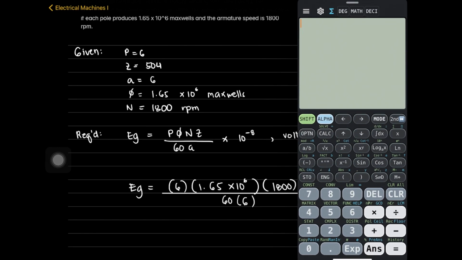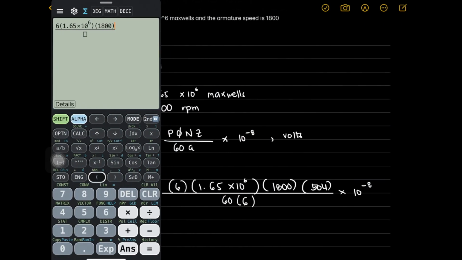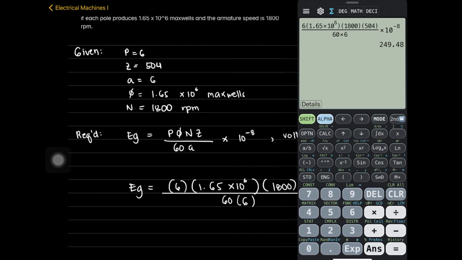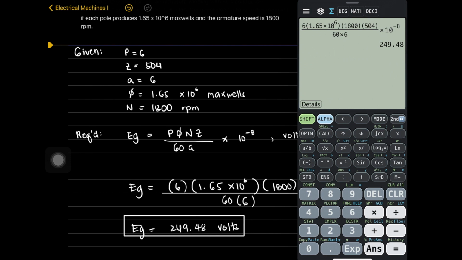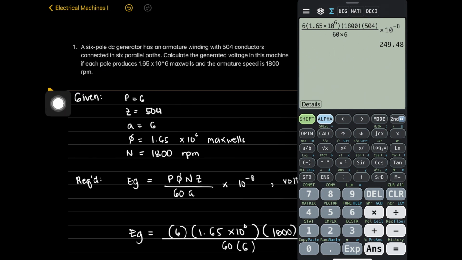So if we're going to bring out our calculator here, we will be having 6 multiplied by 1.65 times 10 raised to 6 multiplied by 1,800 multiplied by 504 all over 60 times 6 times 10 raised to negative 8. And the answer is 249.48 volts.